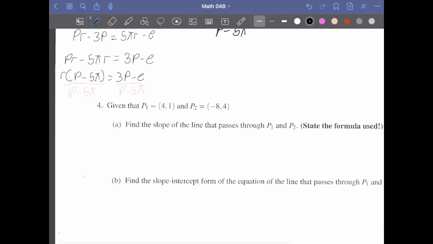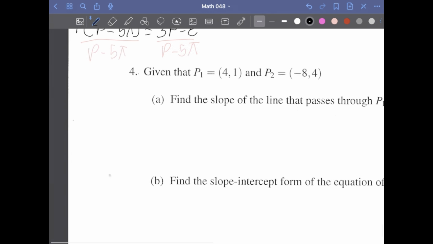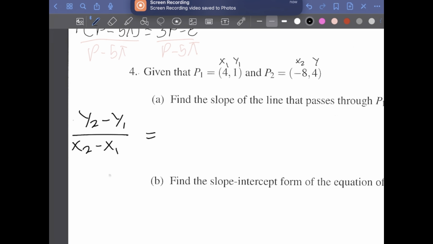Given that P1 equals and P2 equals, find the slope of the line that passes through P1 and P2. State the formula used. So the formula for slope is y2 minus y1 divided by x2 minus x1. Our points are this x1, this y1, this x2, this y2.